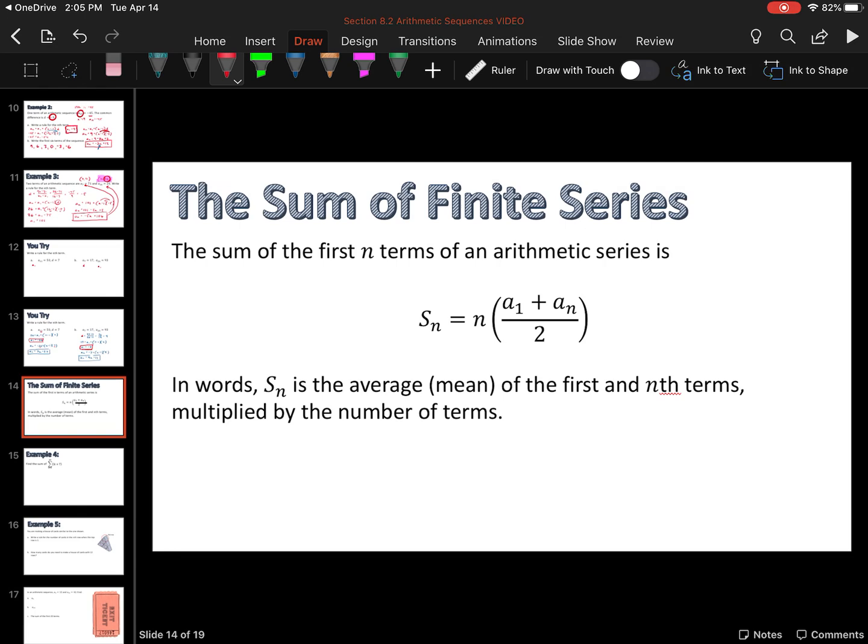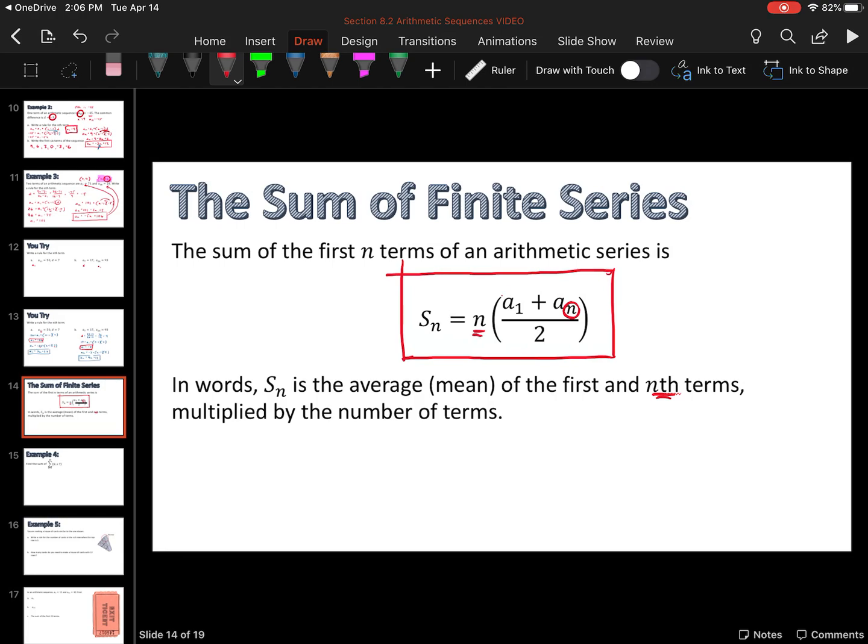So it says the sum of the first n terms of an arithmetic sequence is given by this formula right here. Let's say it is a series that has 4 terms, then that means that n would be 4. Since it says S of n is the average or the mean of the first and nth terms multiplied by the number of terms.